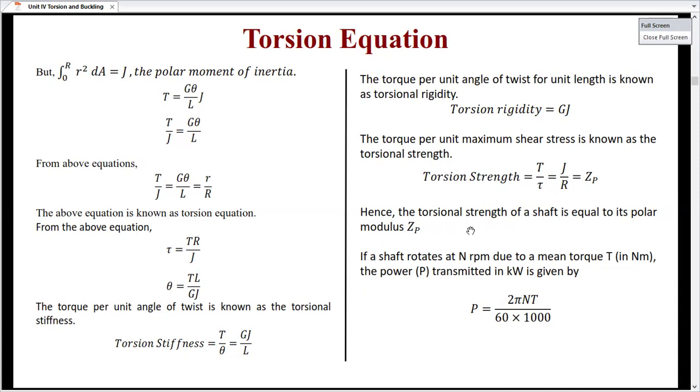So we can determine the value of torsional strength and torsional rigidity when we have the values of power, torque, theta and shear stress. By considering all these values, we can determine the torque and shear stress.